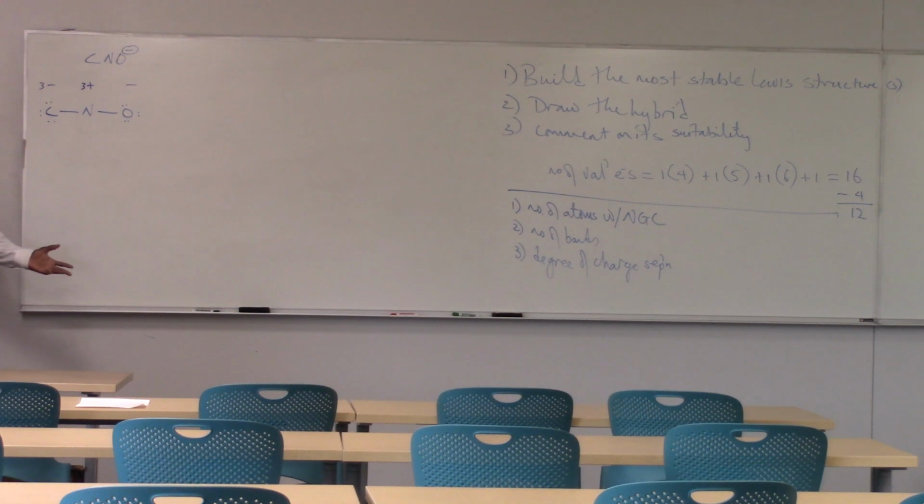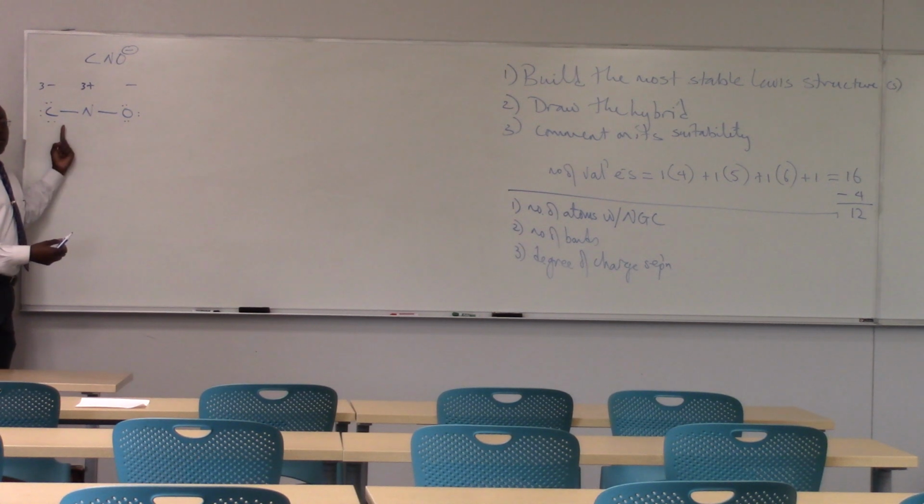Can I fix it? Absolutely. I'm going to move electrons from the electron-rich site to the electron-poor site. My instinct would be to move it from the 3 minus towards the 3 plus, because there's a greater electron pressure here. Plus, and I'm going to preempt something here, of the 2 atoms, C and O, carbon is less electronegative.